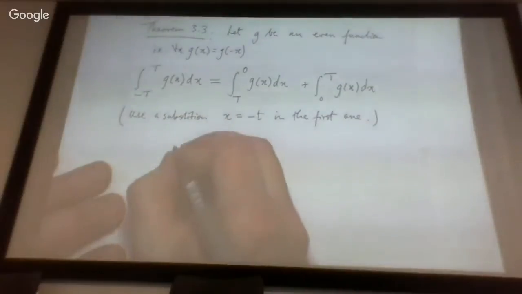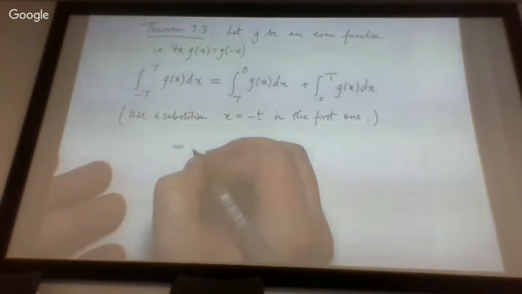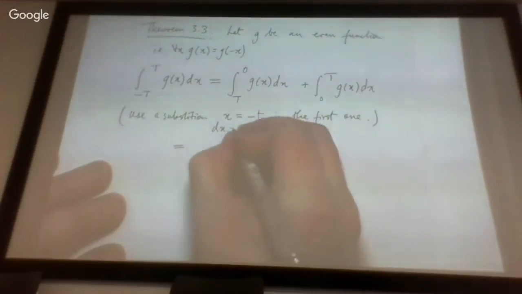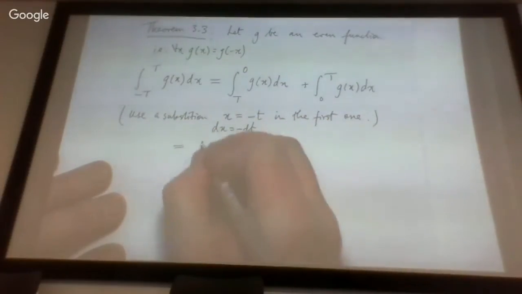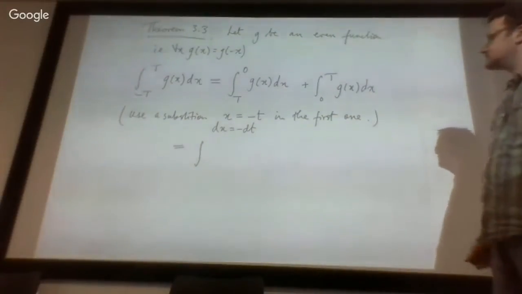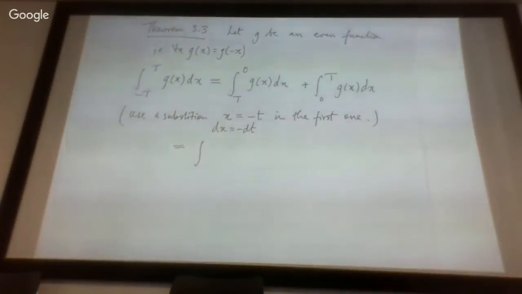So when we do that, what we see is, yes, dx is equal to minus dt. Sorry, that's minus t there, isn't it?